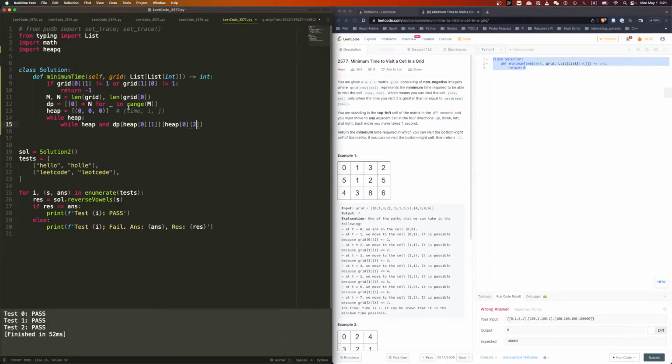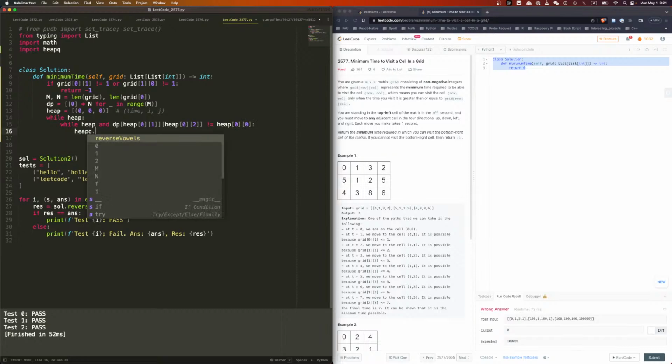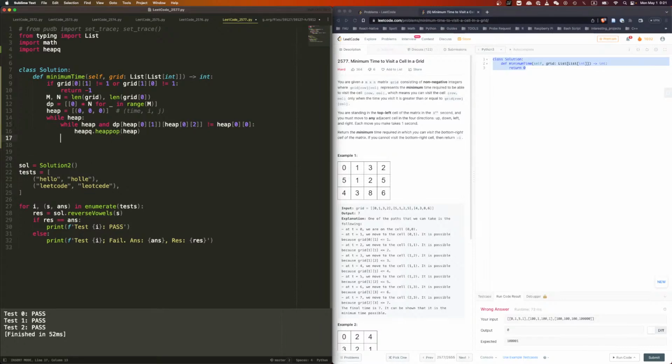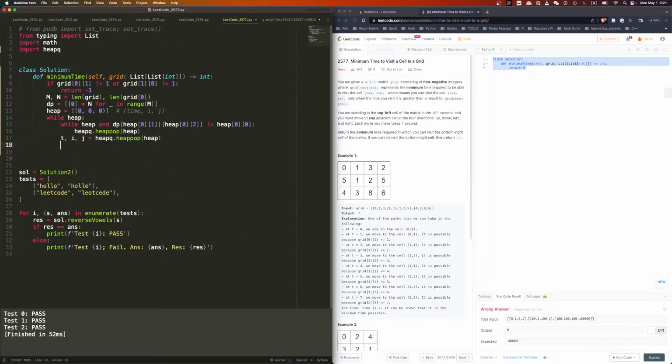We're talking about the DP. If this is not equal to heap 0, 0, heapq.heappop, that means it's not equal. So we just pop, pop, pop until we get the good one. Then we say t, i, j equal to heapq.heappop of the heap, right?